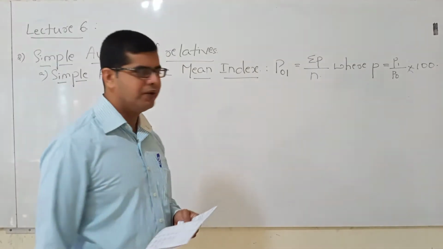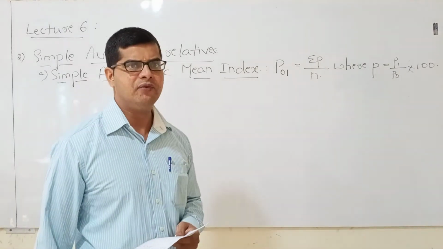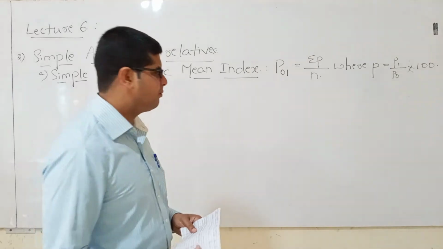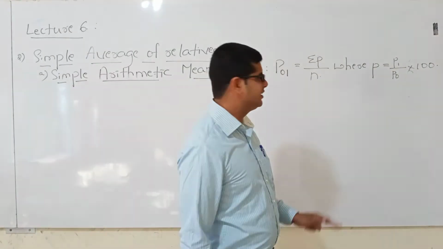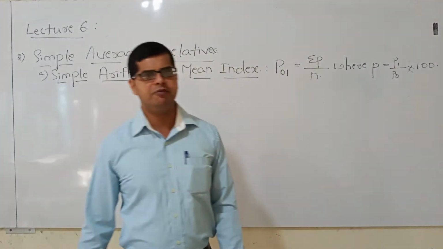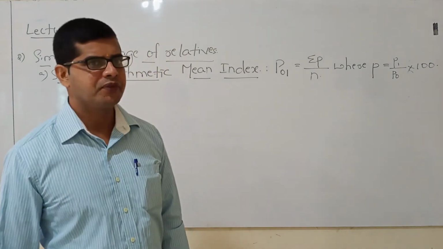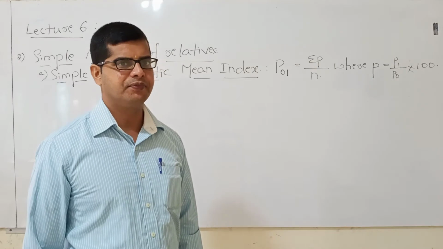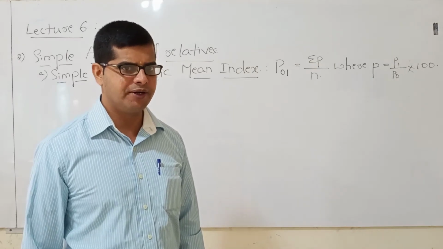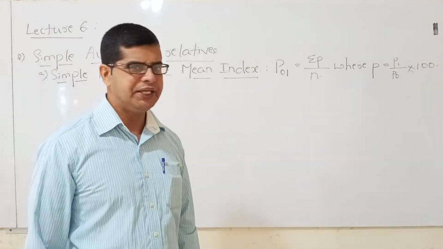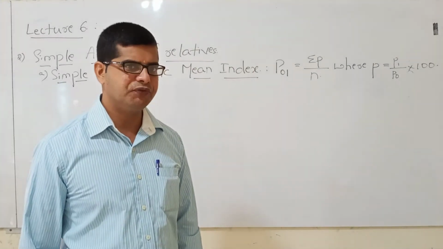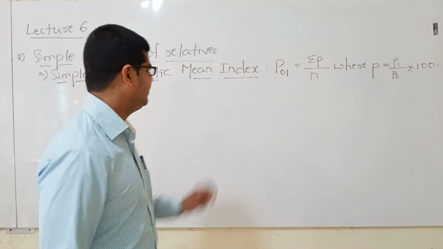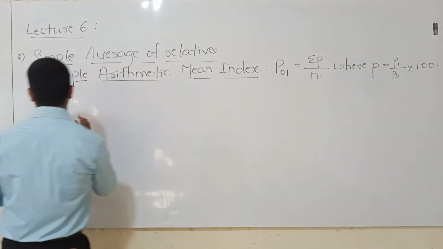Number one, simple arithmetic mean index, where we calculate price level changes of the commodities by applying this formula: P01 is equal to summation P divided by n, where P is equal to P1, current year prices of the commodities, divided by P0, base year prices of the commodities, into 100. So this is the first method.